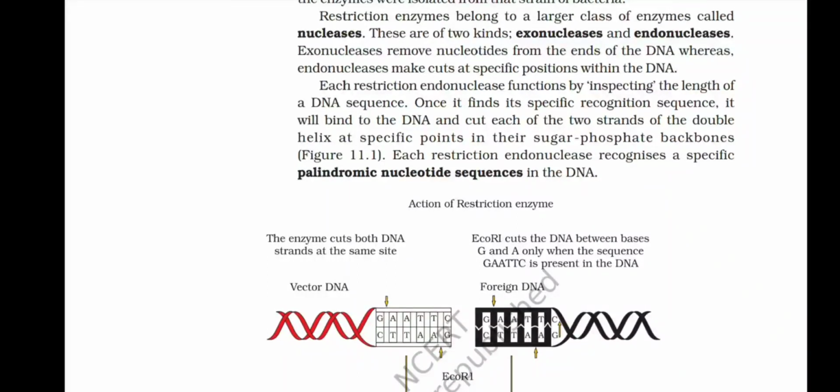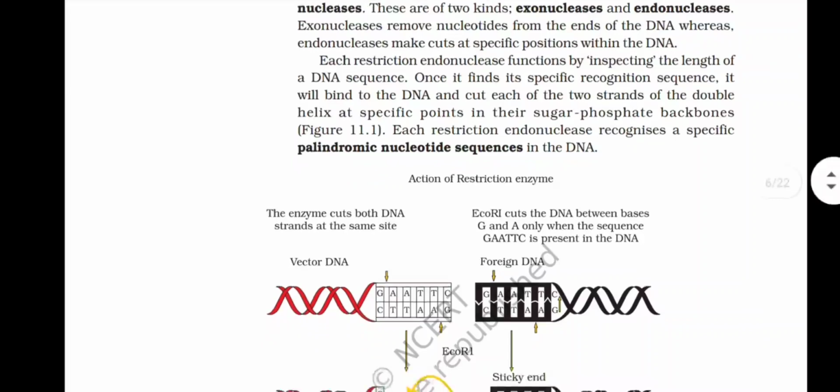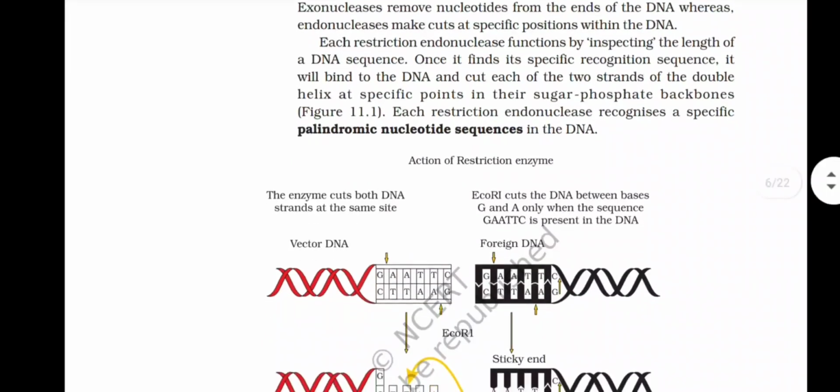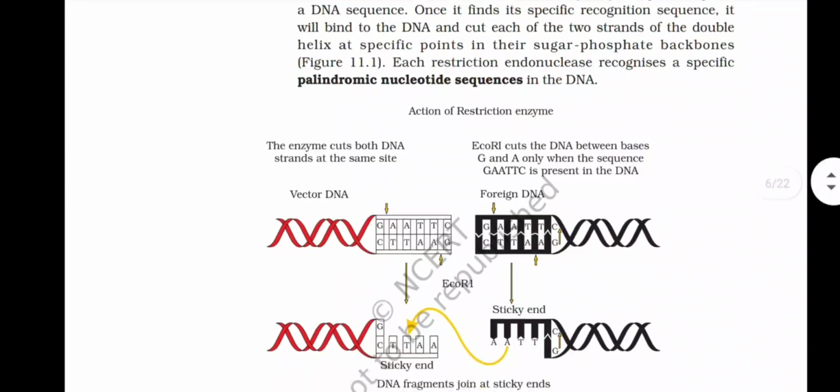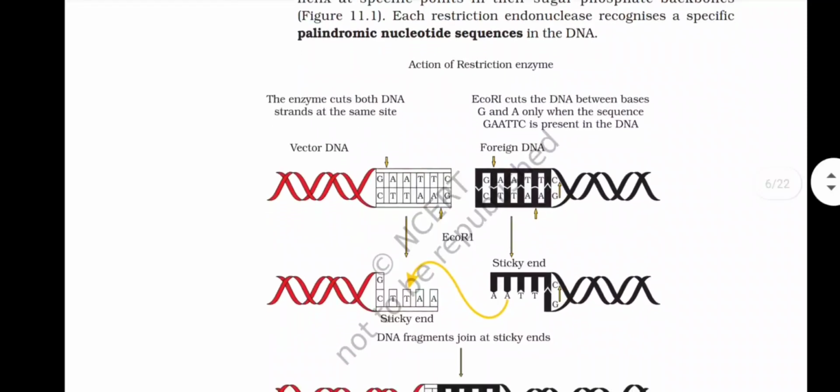Once it finds its specific recognition sequence, it binds to the DNA and cuts each of the two strands of the double helix at specific points in their sugar-phosphate backbones. In figure 11.1, you can see that as well. Each restriction endonuclease recognizes a specific palindromic nucleotide sequence in DNA.